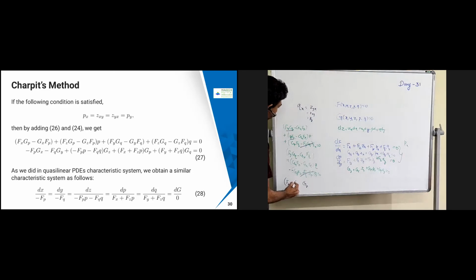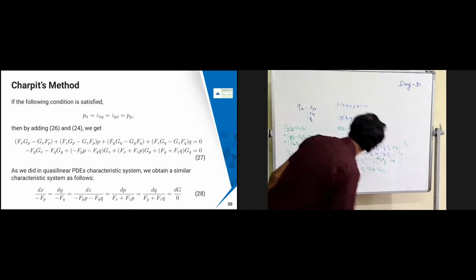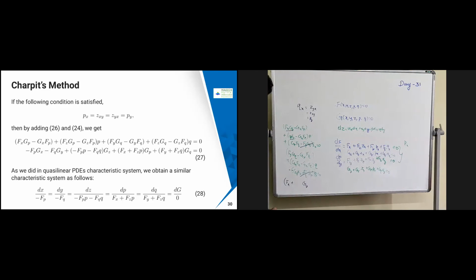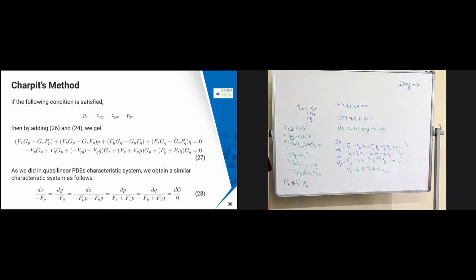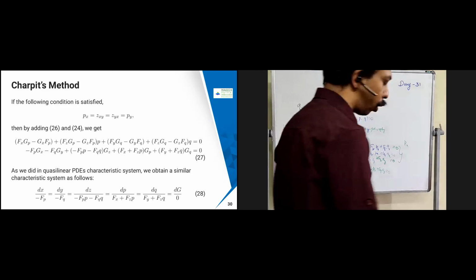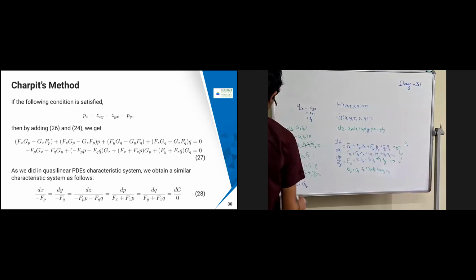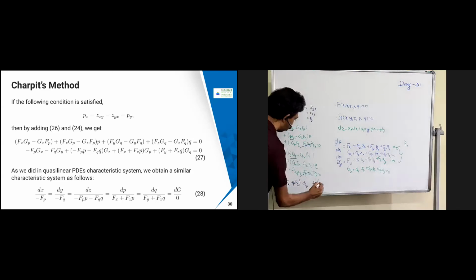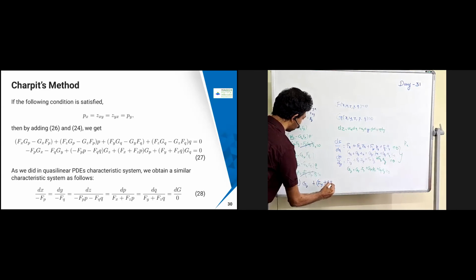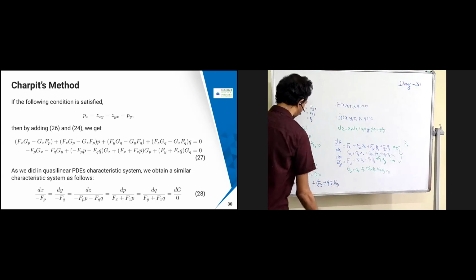So fx plus P into fz is fx plus pfz. Similarly, I'm going to take GQ. If I want to take GQ, then I got to take from these two terms. So in that case, I'm going to get plus Fy plus Q into Fz into GQ.